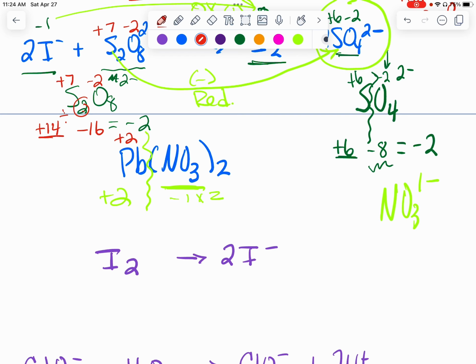I really don't like to deal with the whole formula. I just want to deal with this ion. I know it needs to add up to -1. I know oxygen's going to get the -2, so that's a -6. What with -6 is -1? A +5. Nitrate will always be +5 and a -2. I just have them memorized. It makes life easier, okay?